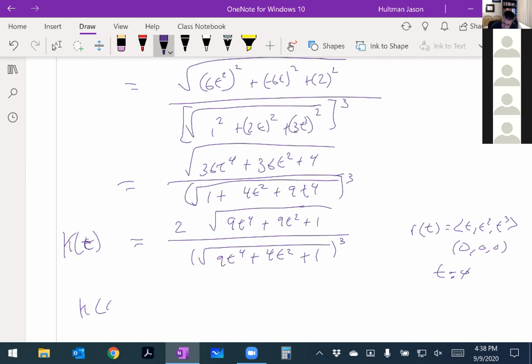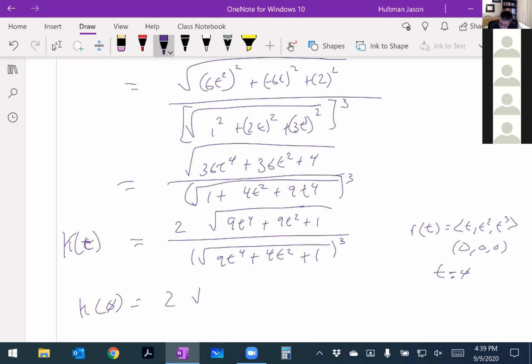So we're going to plug in 0, and this becomes 2 times radical 1, which is just 1, all over radical 1 cubed, which is just 1. So the curvature ends up being 2.